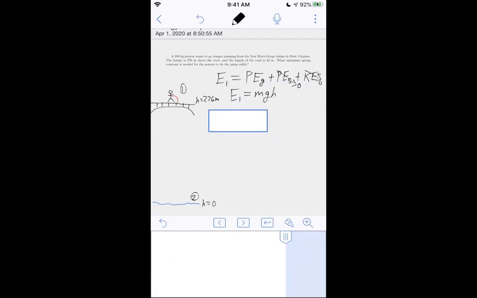Right, so you can include all of the 3 types, but then decide which of those would be equal to 0. All right, so I'll just write out all those types.